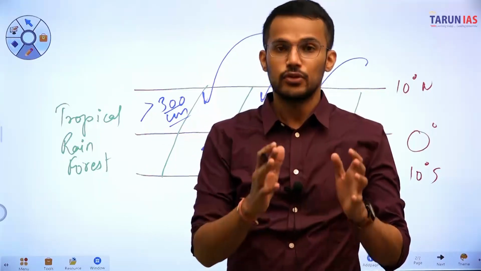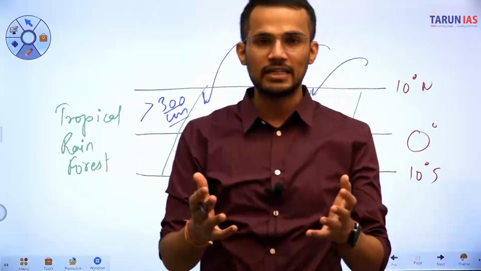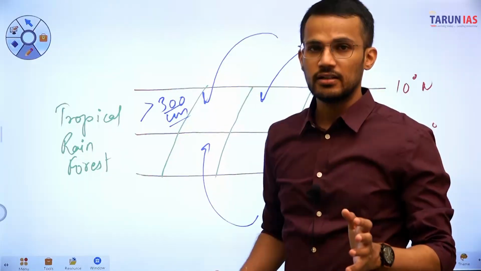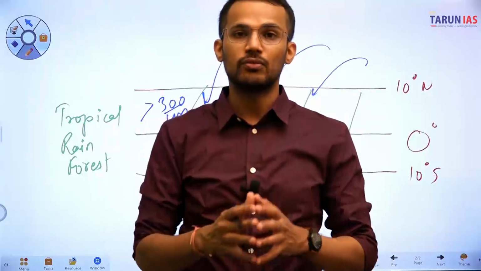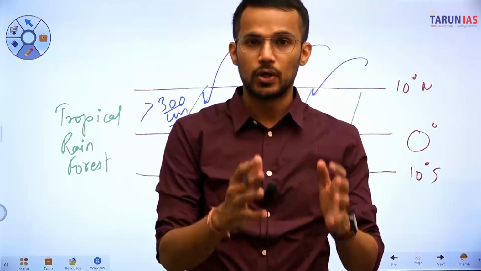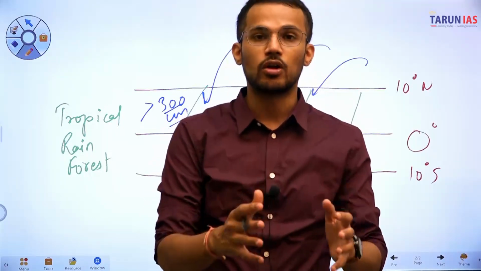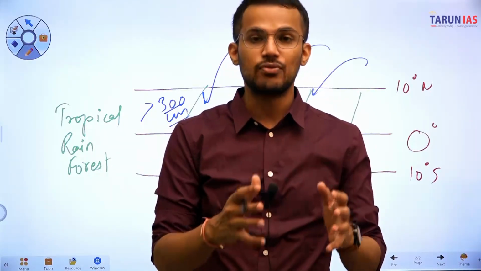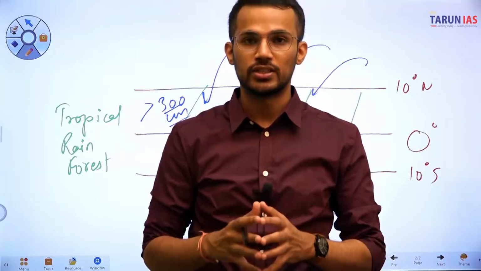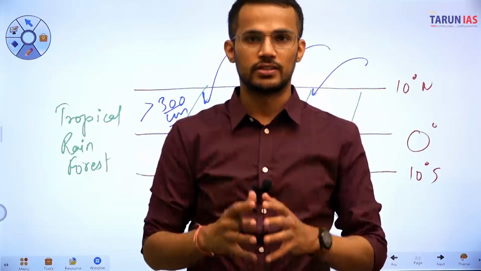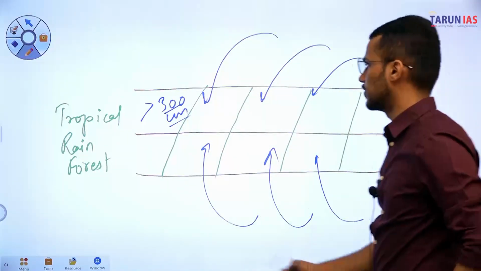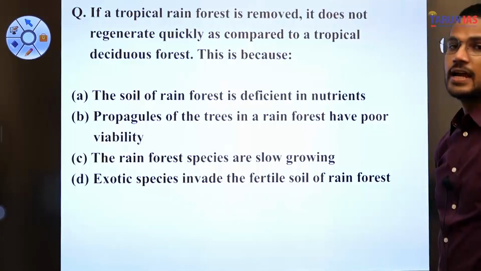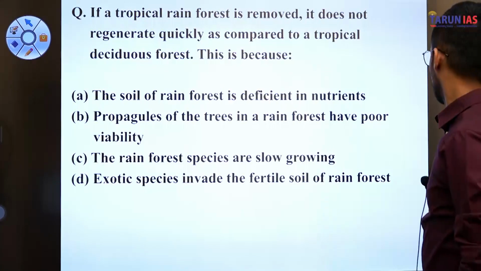And hence, if by any reason the forest in the tropical rainforest location is cleared, then it will take longer amount of time for that forest to regenerate because the nutrients are not present in that soil, and they are removed as a result of heavy rainfall witnessed by this region as a result of convergence of trade winds. And that's why the answer to this question is A. The soil of rainforest is deficient in nutrients.